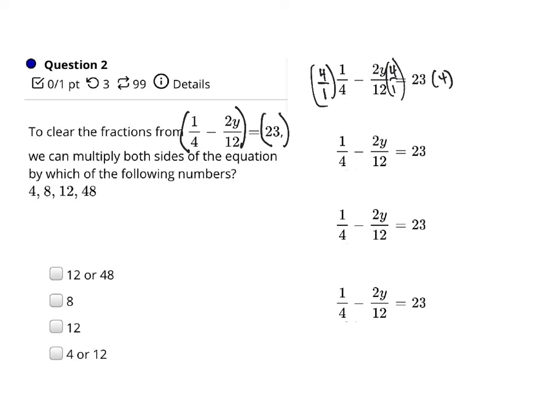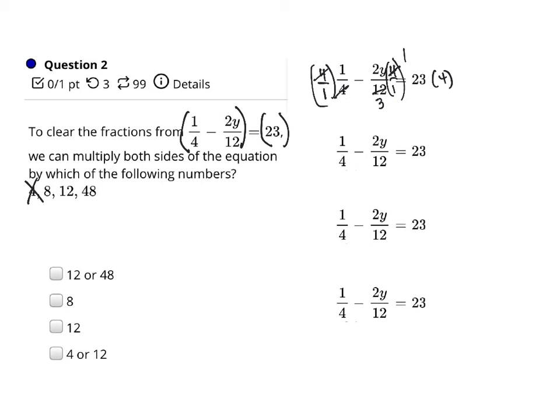We're just distributing it out so we can cancel. It's easier to cancel that way. When we cancel, the 4 cancels. That's good. We want to get rid of the fraction. But here, do we get rid of the fraction when we cancel the 4 and the 12? No, we still have a denominator. So 4 isn't going to work. It will not help us clear the fractions.